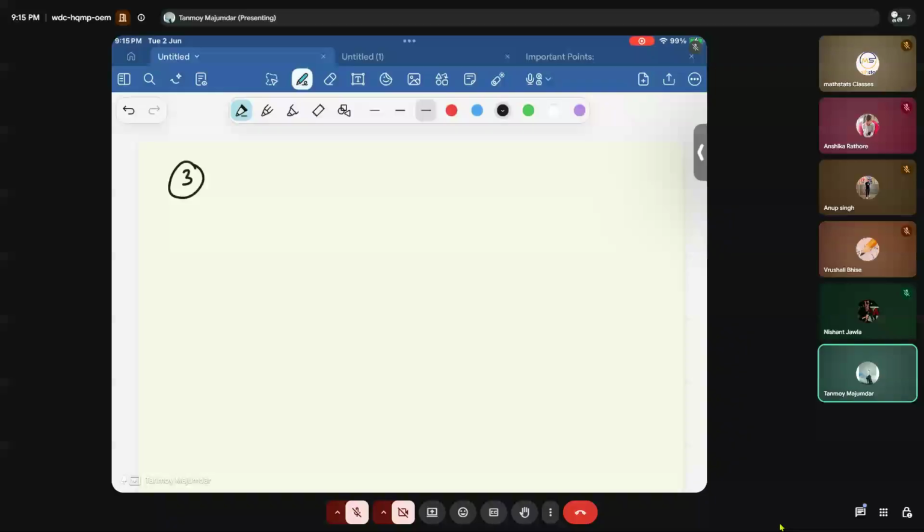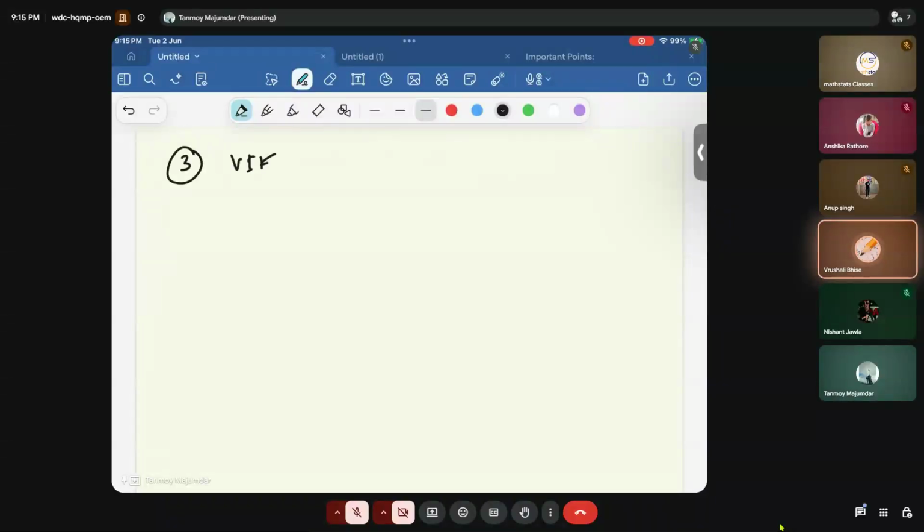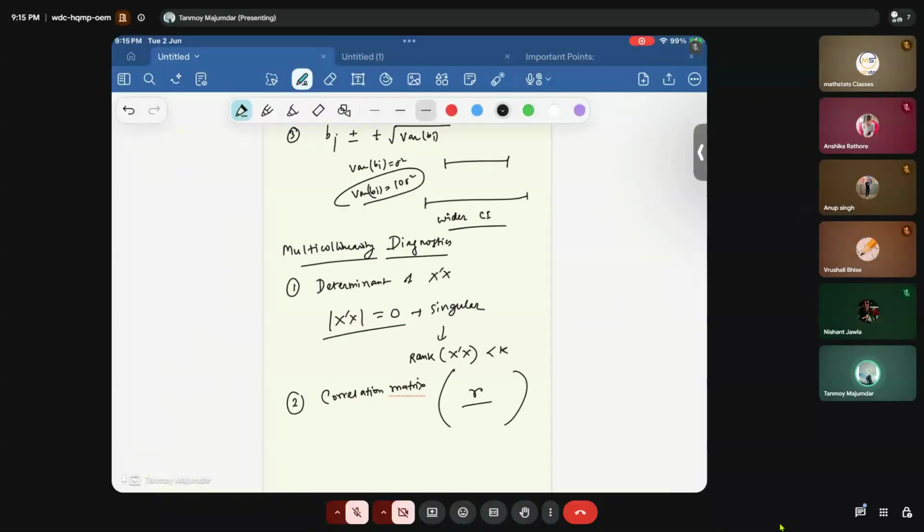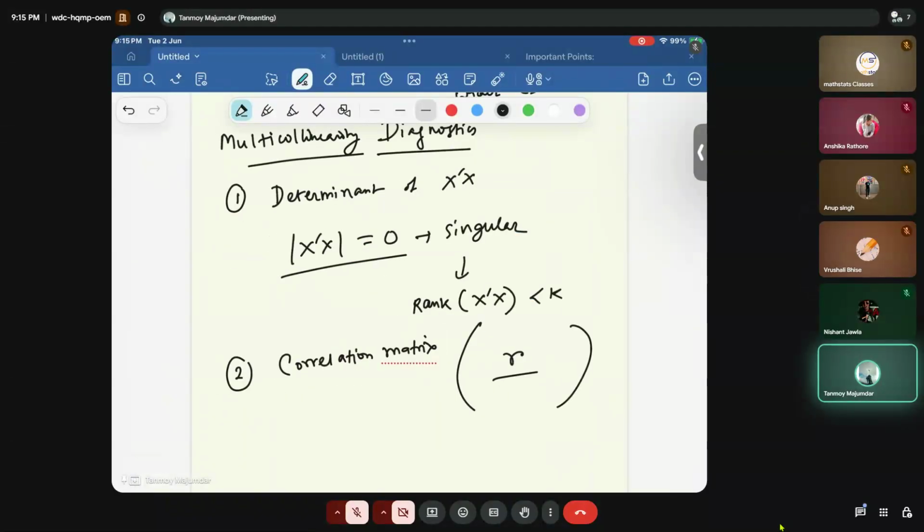VIF. So could you please show that second point once again? Yes, correlation matrix. Basically we check the correlations of every explanatory variable. ये तो basically हम लोग करते हैं ना. Acha, and whichever one has the maximum correlation, we'll say there's a chance of high multicollinearity.